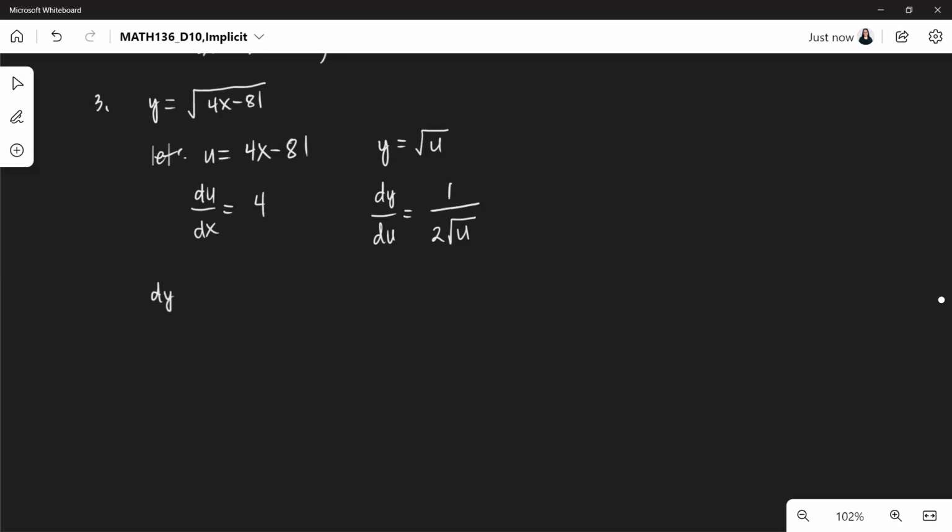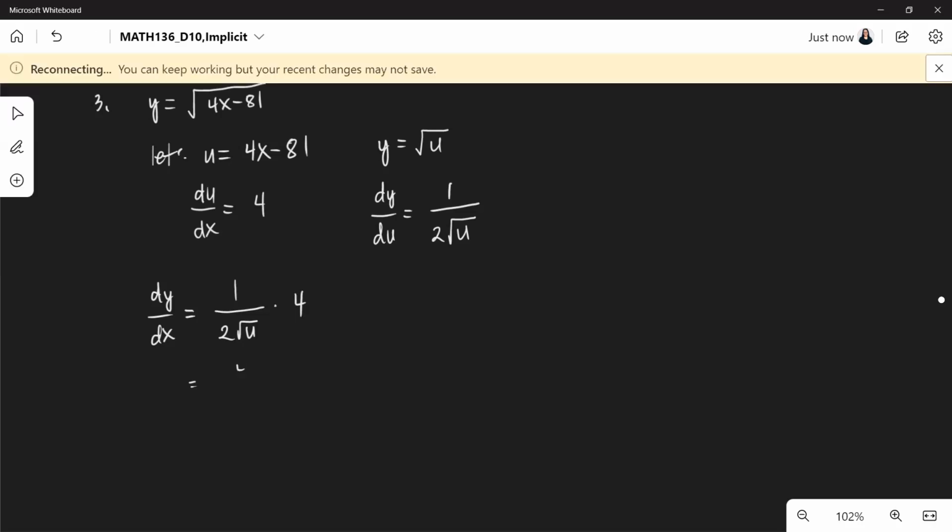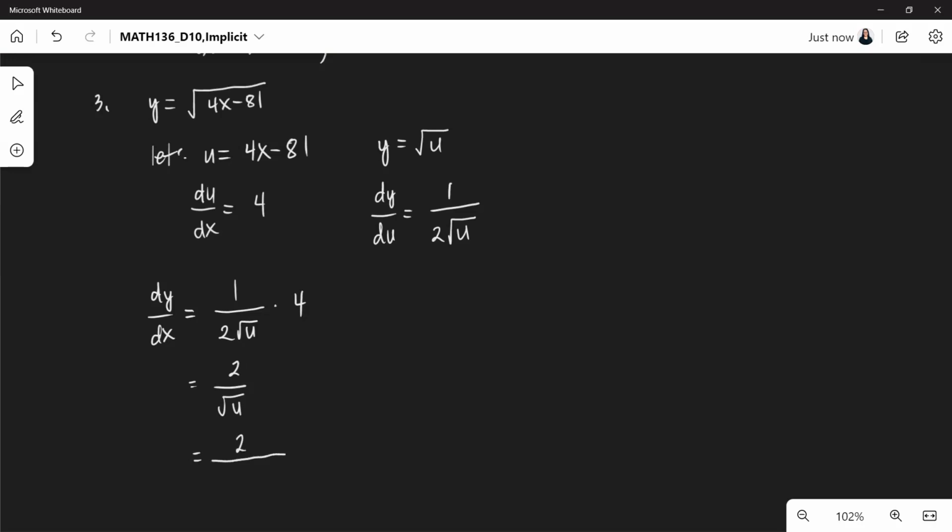So dy dx, or the derivative of y with respect to x, would be 1 over 2 square root of u times 4, or that's 4 divided by 2 which is 2. So that's 2 over square root of u, and then you plug back in the 4x minus 81.